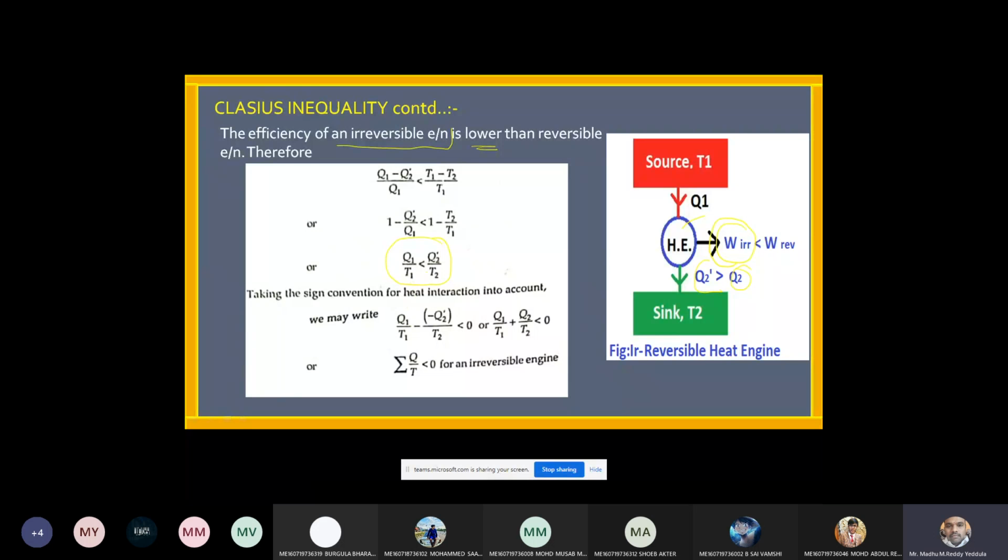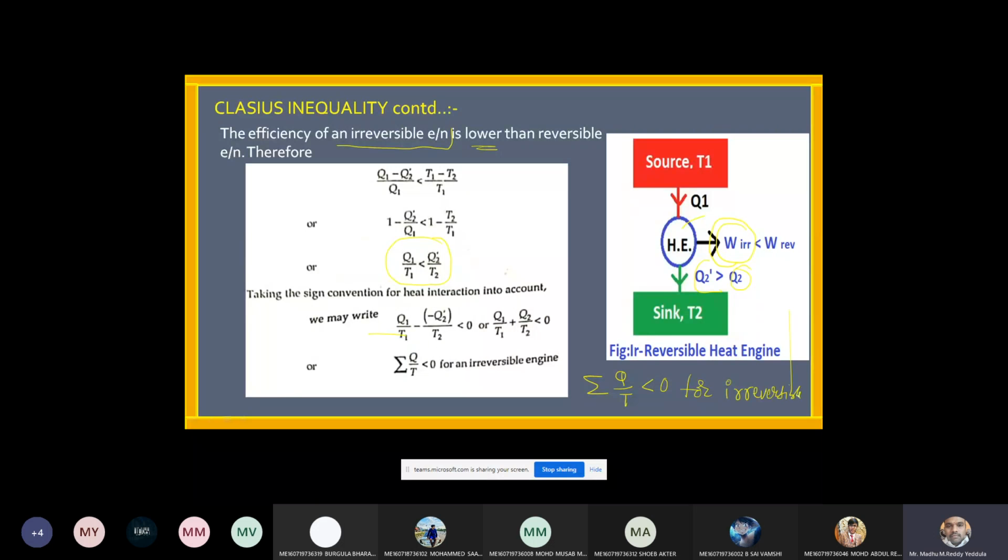Now, therefore, I can write Q1, and again by considering the sign, Q1 is positive, Q2 is negative. Therefore, you will get Q1 by T1 plus Q2 by T2 less than 0. Therefore, summation Q by T is less than 0 for irreversible engine.